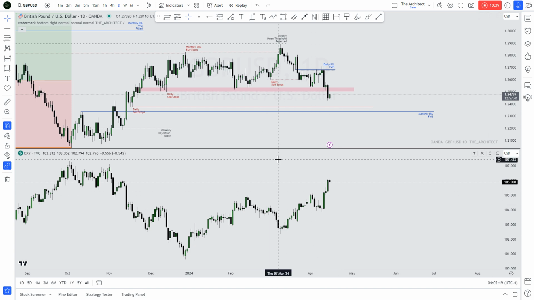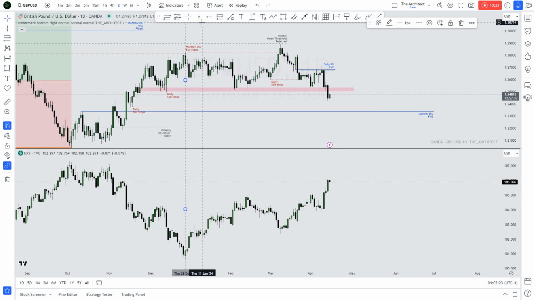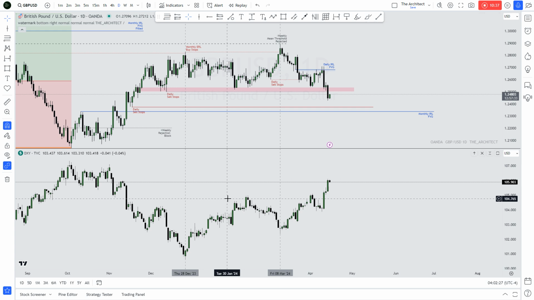And another thing we can look at as well is if we're going to be looking at this point over here and that point over here, just using SMT divergence, right? We can see that on GBPUSD we made a higher high. However, on the DXY, price did not go all the way down there to make a lower low. In fact, it just made a higher low, right?